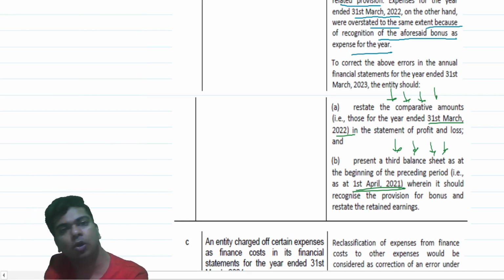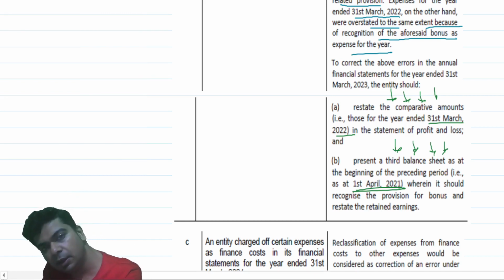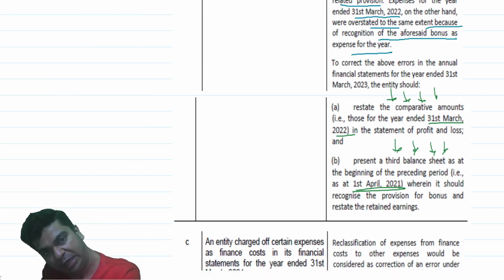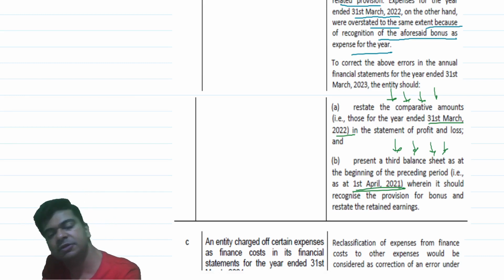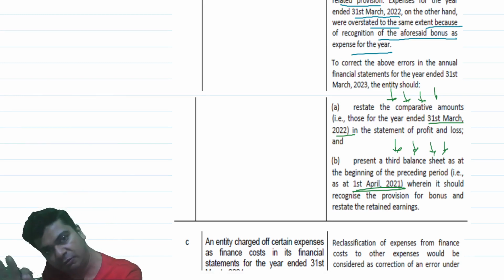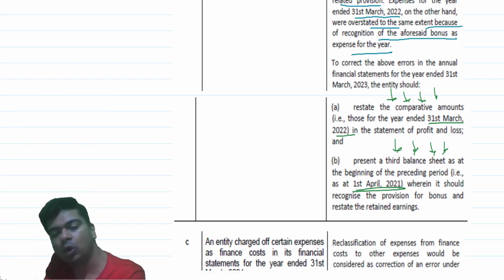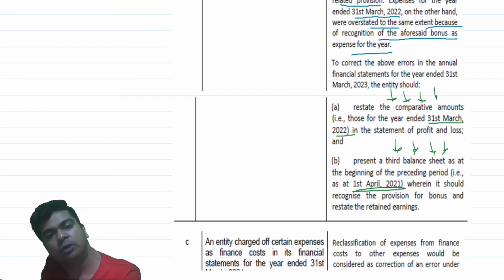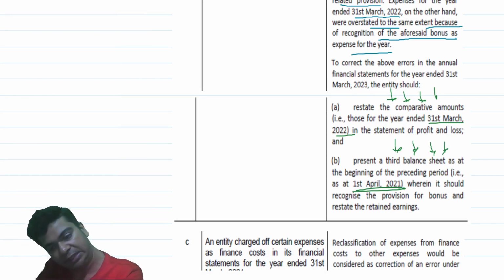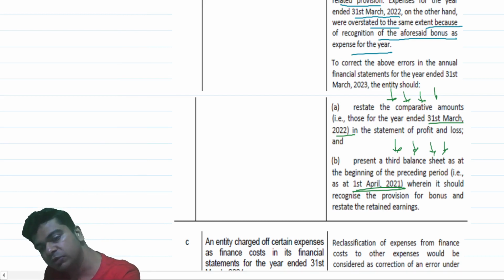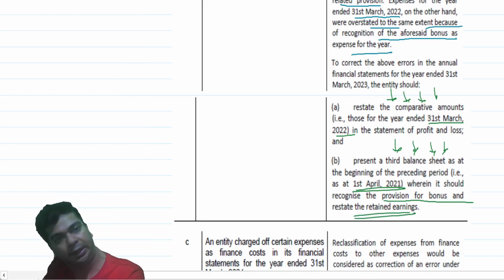But because you did not recognize the provision in the year before the previous year, you debited the expense in the previous year. Hence, we will have to rectify the mistake. We will reverse it from the previous year expenses and debit it to the year to which it really belongs. The moment you recognize a provision, your retained earnings for that year will reduce. That's the reason they are saying to recognize a provision for bonus and restate the retained earnings.